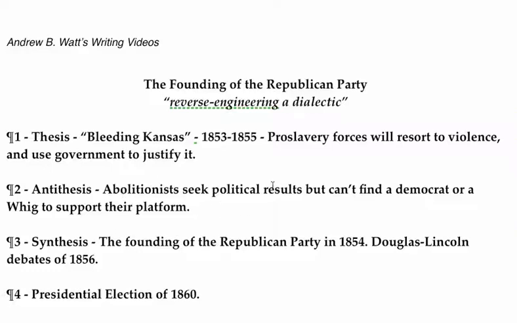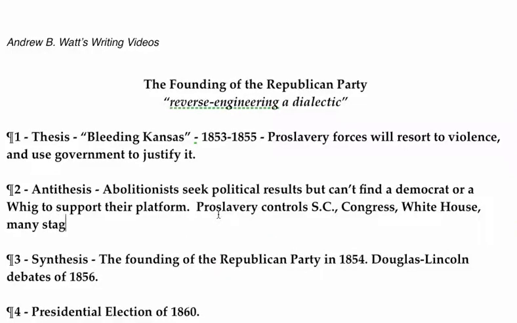So the abolitionists seek political results. Pro-slavery controls Supreme Court, Congress, White House, many state governments, and of course the presidency.